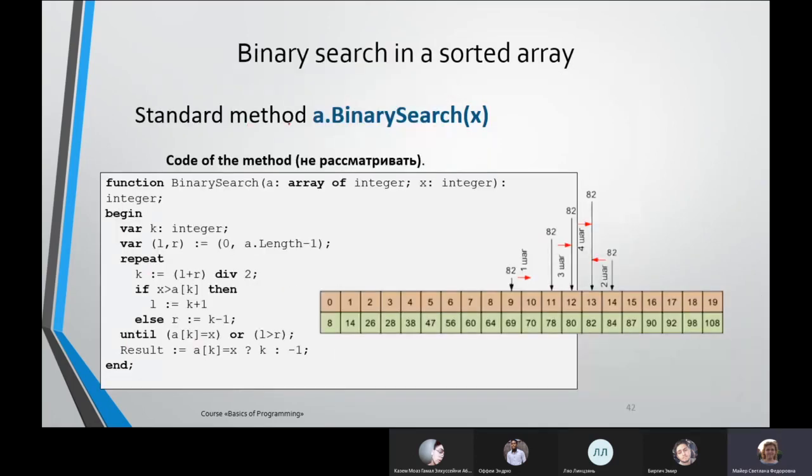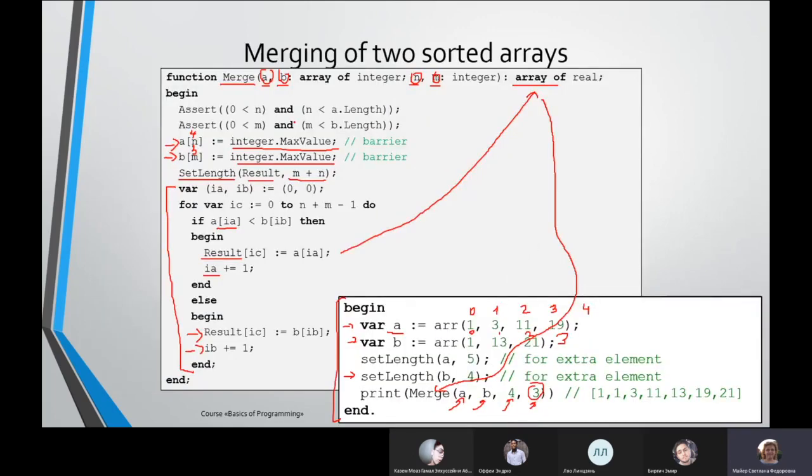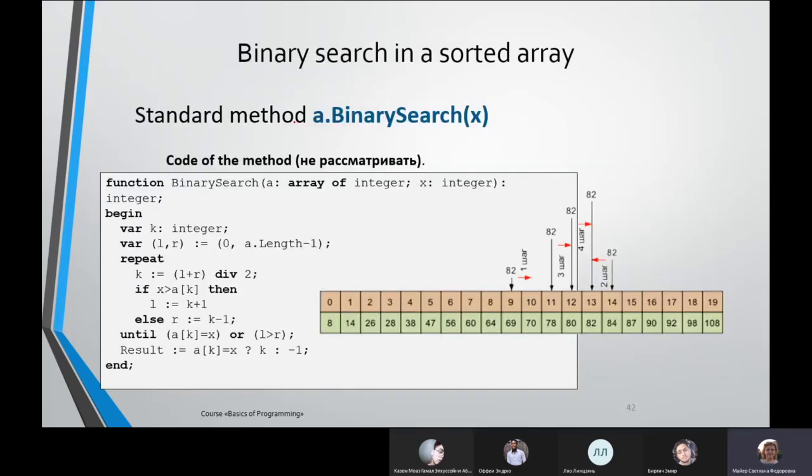But instead of this algorithm, of course we can use this algorithm. It is good, it is correct, and it is rather effective. But we can also use this method. It is a standard method inside the syntax of Pascal ABC.NET. So we don't need to understand how it works, but it works not very badly.